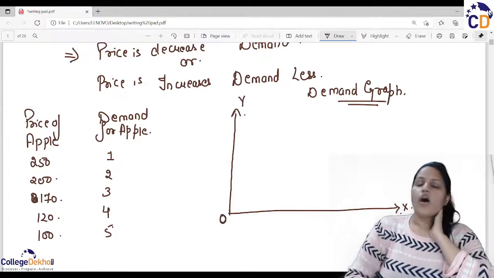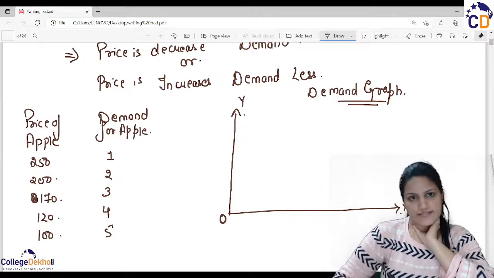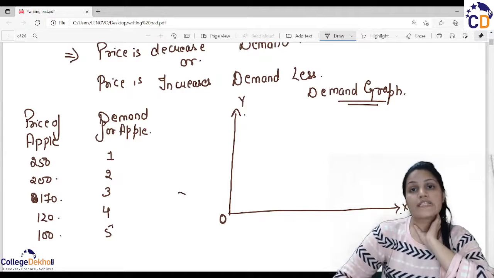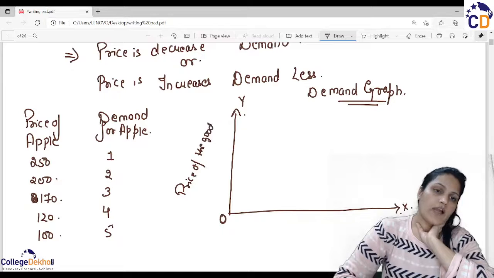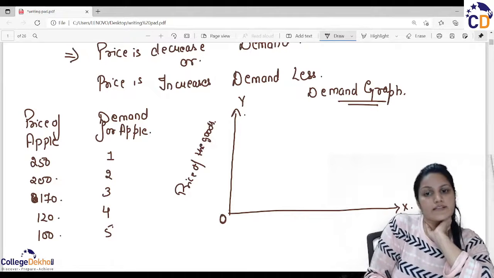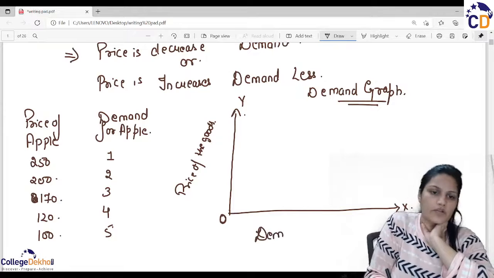Always remember, on the y-axis there is always the independent variable, that is the price of the good. And on the x-axis there is the dependent variable, that is the demand for the good.